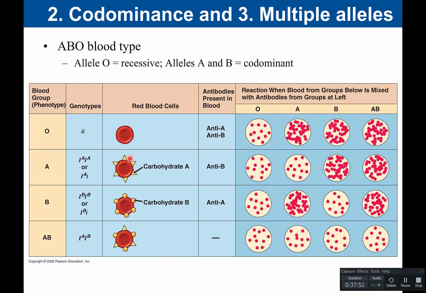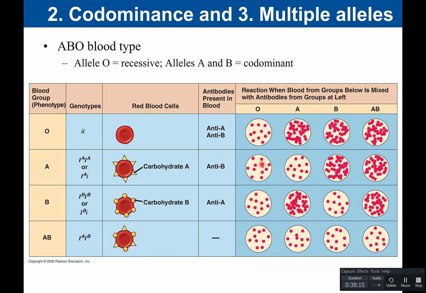So somebody who has type A blood makes A carbohydrates. The person who is A is not going to make anti-A antibodies because A is seen as self. However, they will make anti-B antibodies because B is seen as foreign. Somebody who's A does not make B carbohydrates.